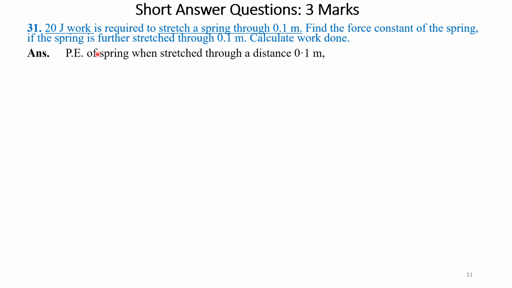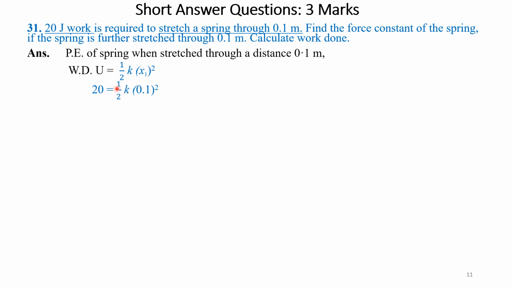Let us answer the question. So you write down the given quantities. The potential energy of the spring when stretched through a distance 0.1 meter is given by U, which is equal to half of k into x1 square. Here the value of U is 20 joules. We have to find the value of small k, and the value of x1 is given as 0.1 meter. Let us substitute.